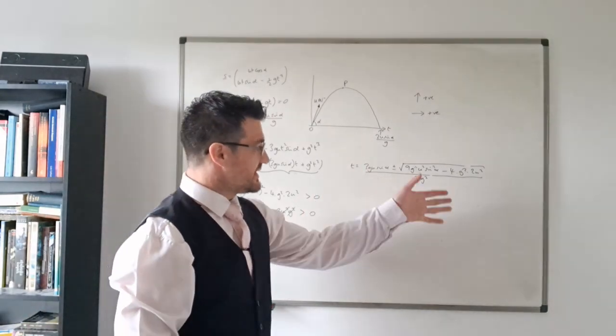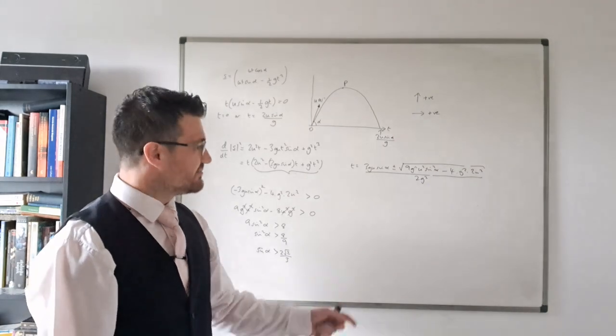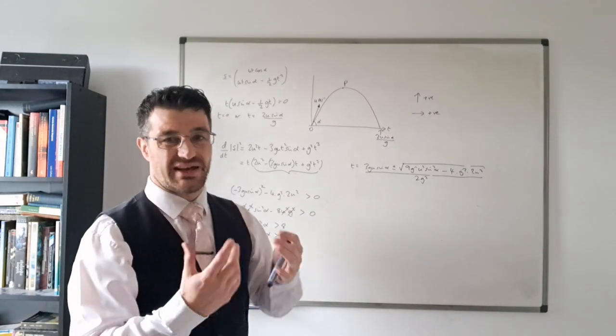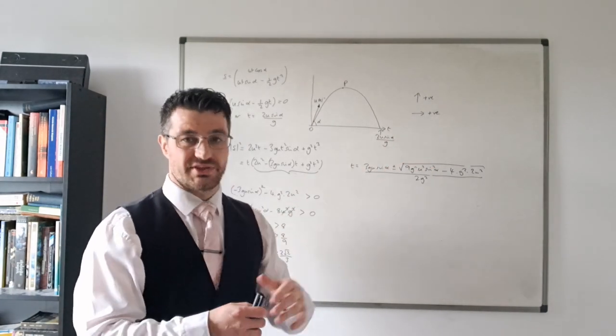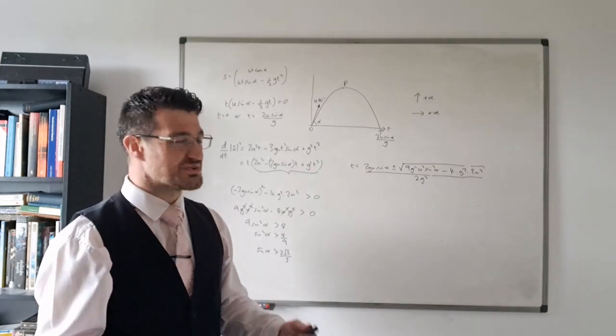So you get this, and you can fiddle around with this, but I probably spent 5 or 10 minutes trying to mess around with this, trying to get simplified expressions, and it just wasn't working.